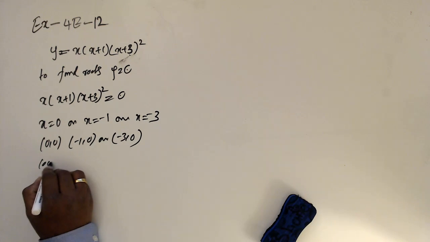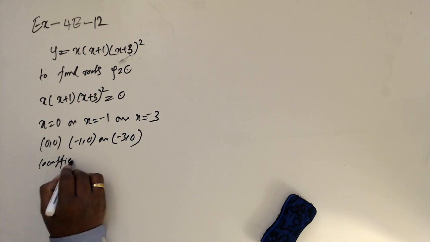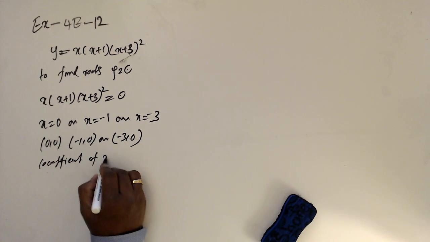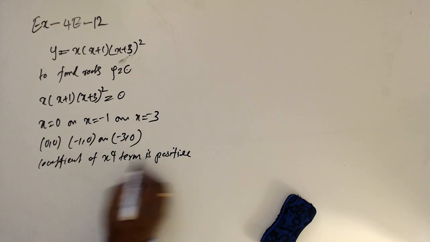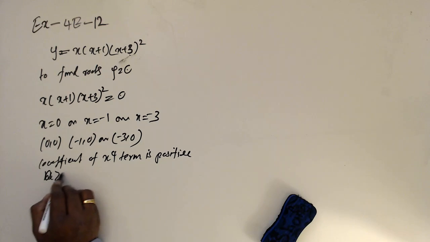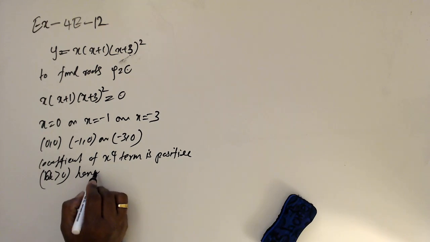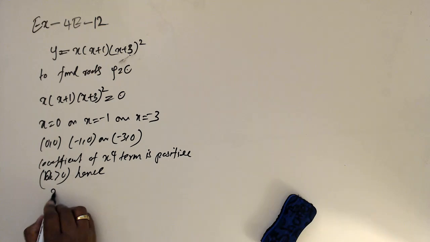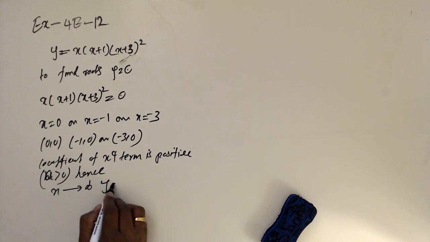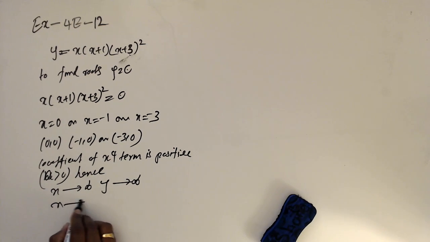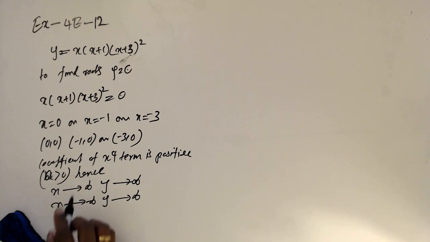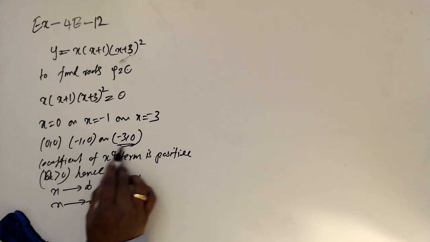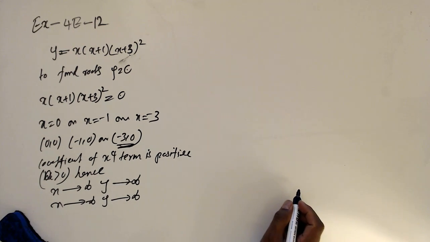Then the coefficient of the x to the fourth term is positive, hence as x goes to positive infinity, y goes to positive. As x goes to minus infinity, still y goes to positive. And this is a repeated root.